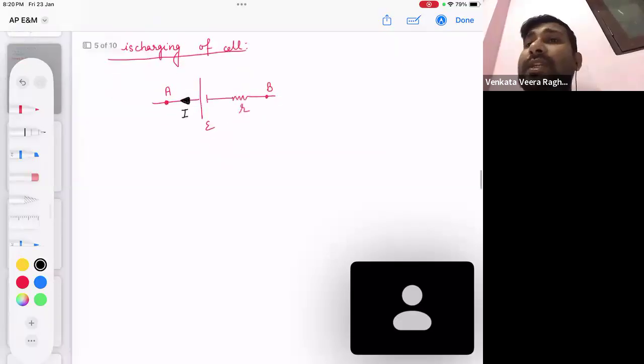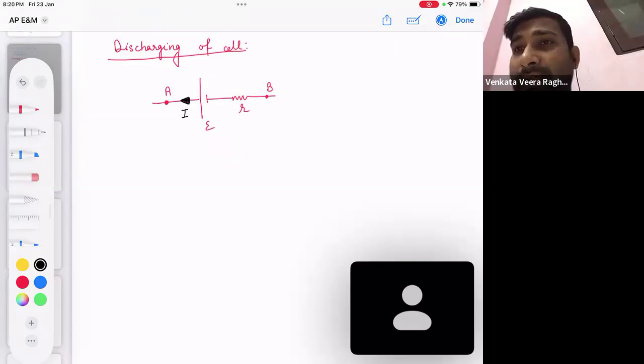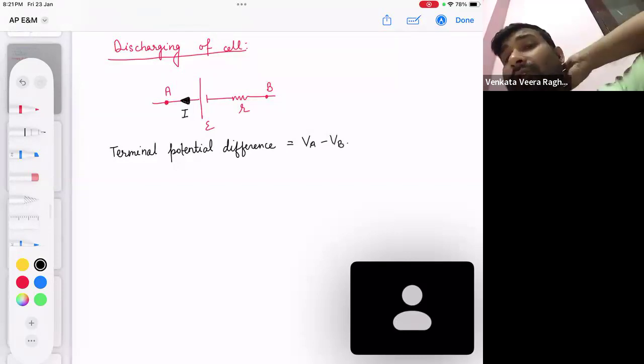Now, potential difference and EMF are two different things. Right now, this E is representing the EMF of the cell. And if I ask you what is the terminal potential difference of a cell, that means I am asking what is VA minus VB.